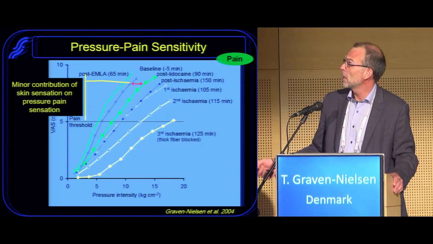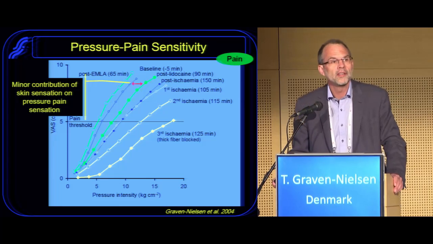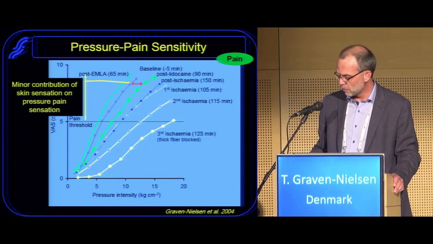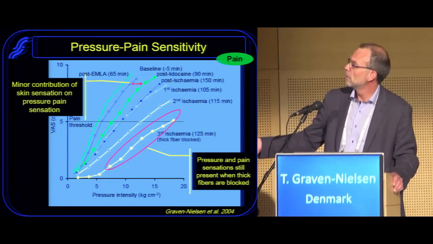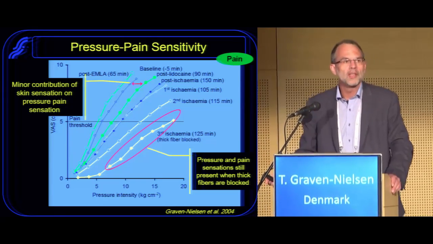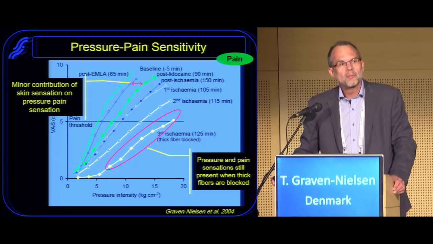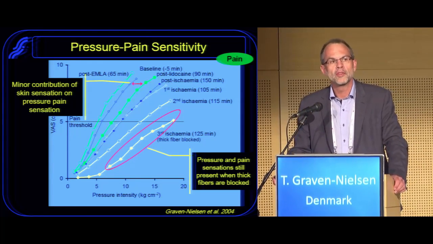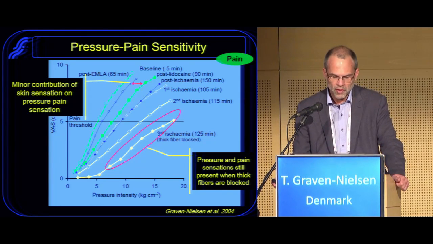If we instead started to block the deep tissue nociceptors by an ischemic block, then you can see that slowly we got less and less pain sensation when we had a complete block of the system. So this illustrates that the pressure stimulation on top of the skin will definitely give input from the deeper structures. Not a surprise, but very important to verify.